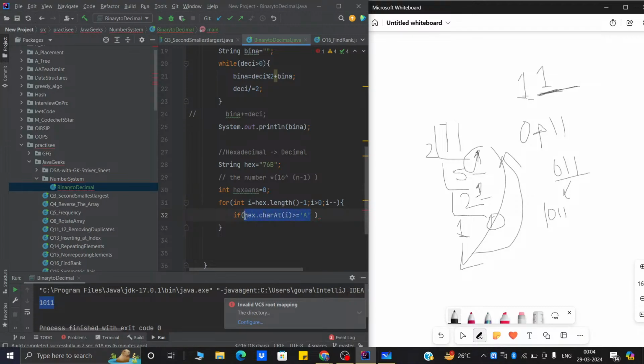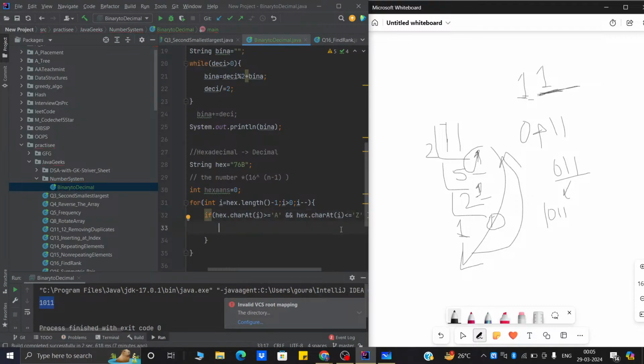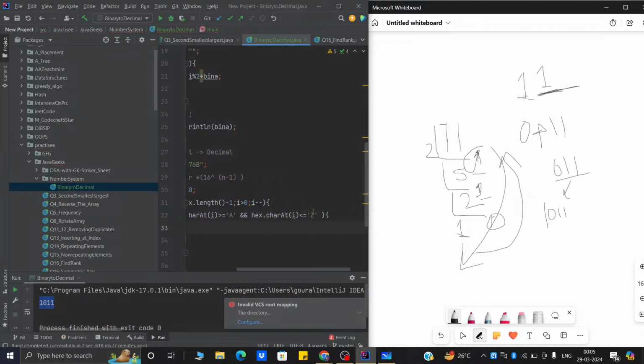Hex dot charAt i, and hex dot charAt i is less than. So if it is within A to Z, then we will implement this code. A to Z, A to F only. Oh, sorry. A to F.